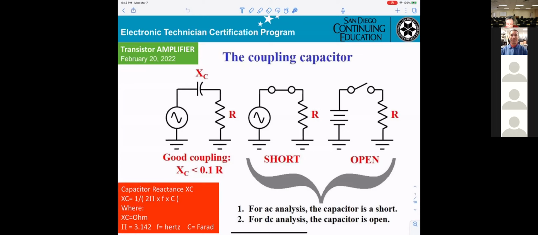Okay. Now, first thing they're talking about is the coupling capacitor. Good coupling, I say less than 0.5 R. That's only for the designer. When I design the circuitry, I want perfect coupling.